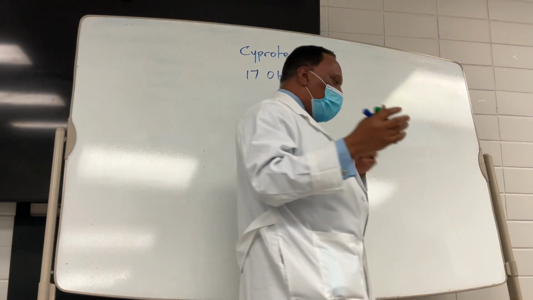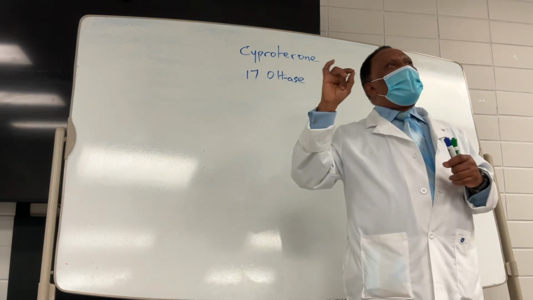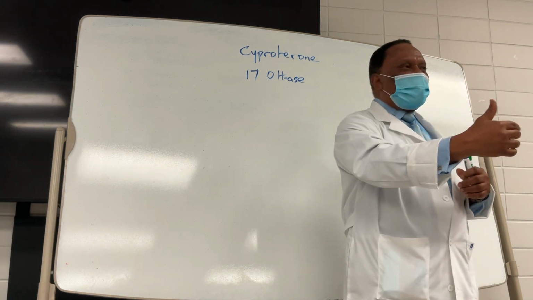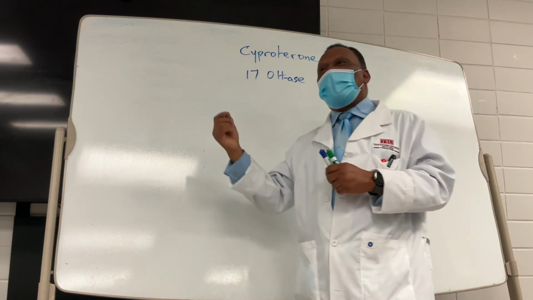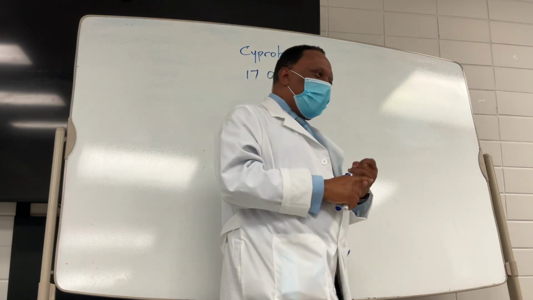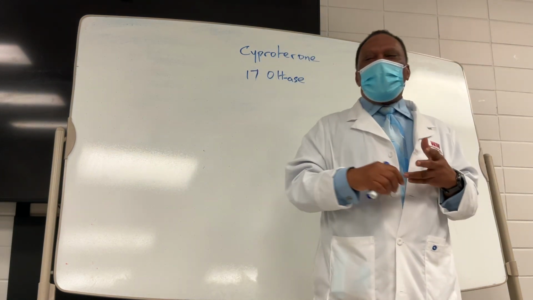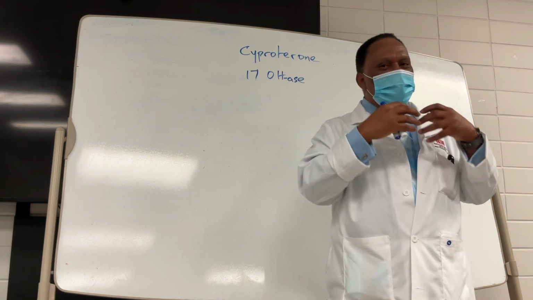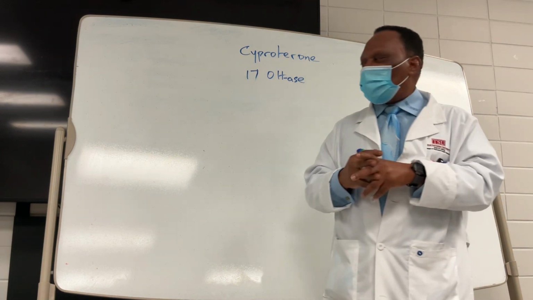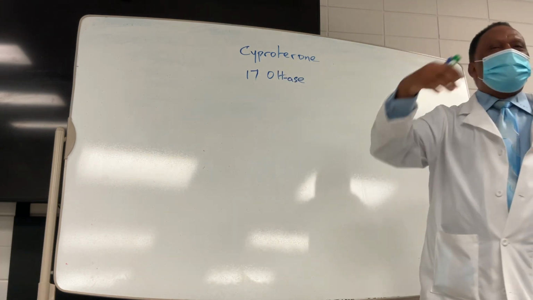So basically, Zytiga, which is your abiraterone, would inhibit the synthesis of the androgen. And it will do that at the level of your testis, your adrenal gland, and also in the prostate cancer itself. So that's a 17-hydroxylase inhibitor.